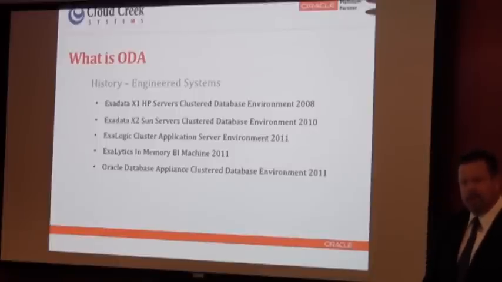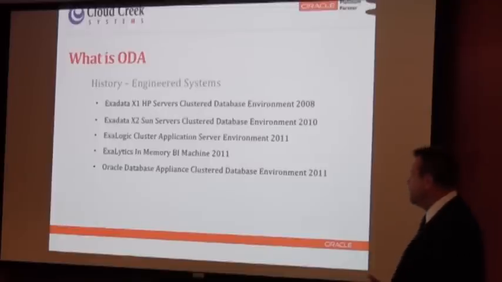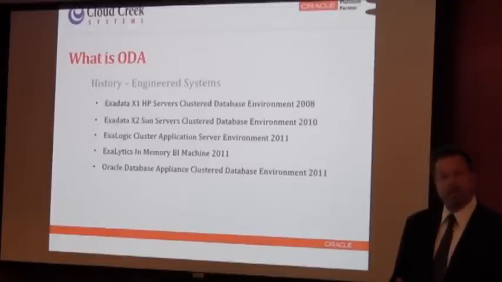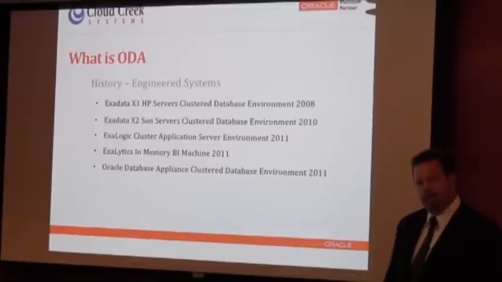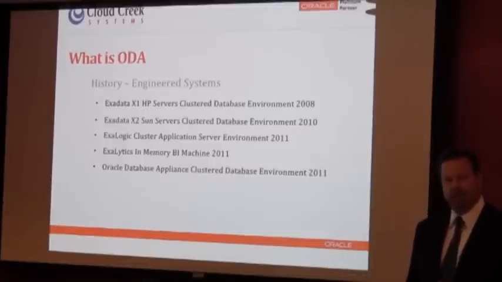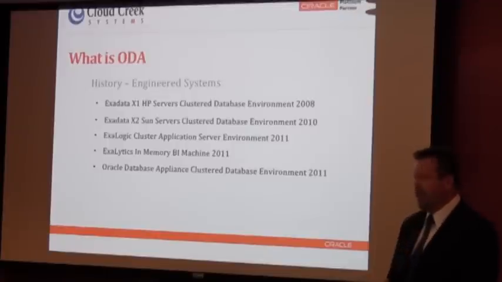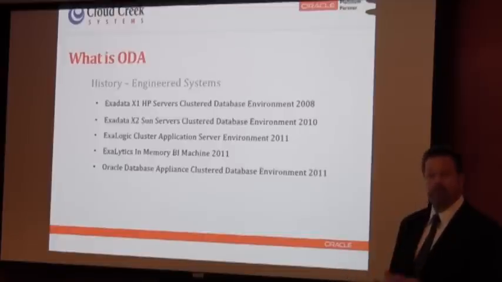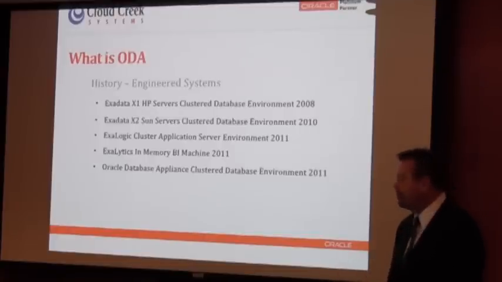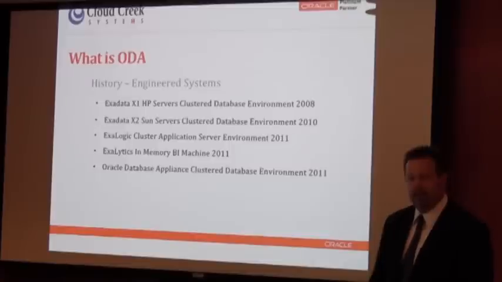That came out in 2010. Then there's 2 other product offerings, Exalytics and Exalogic. Exalogic being an application server environment, Exalytics being a business intelligence environment. And then the last product offering in this engineered systems to date is the Oracle Database Appliance.